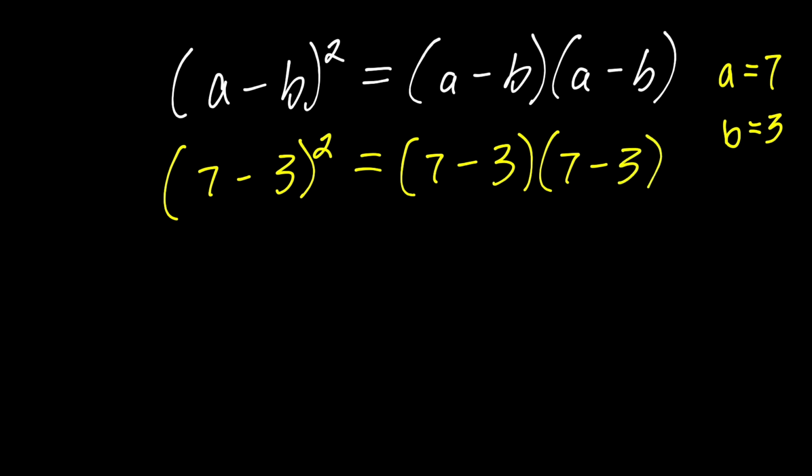So that's the same as saying 4 squared is equal to 4 times 4. So that is how that works. I think on the next slide I'll show you how this is getting confused.